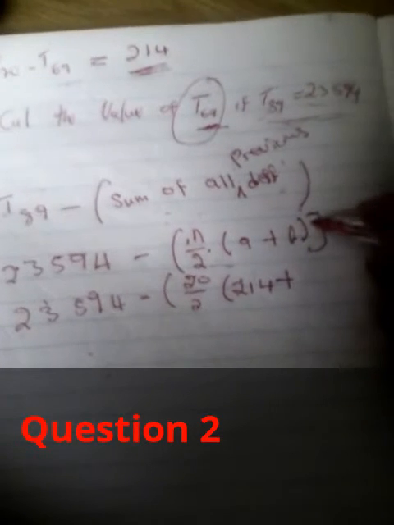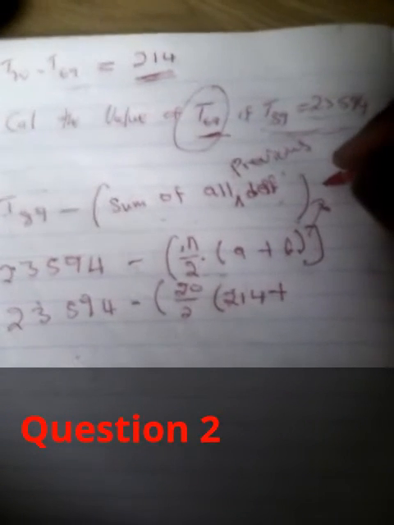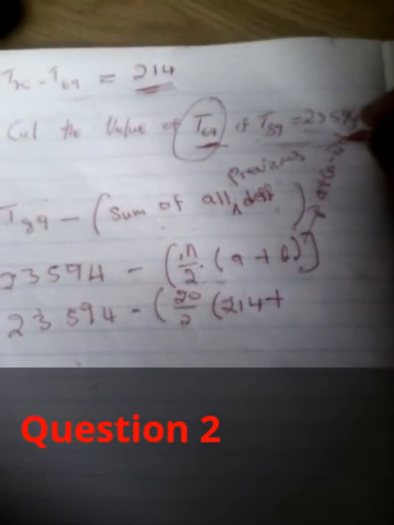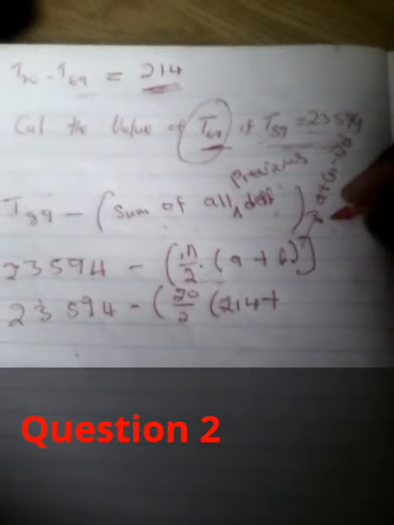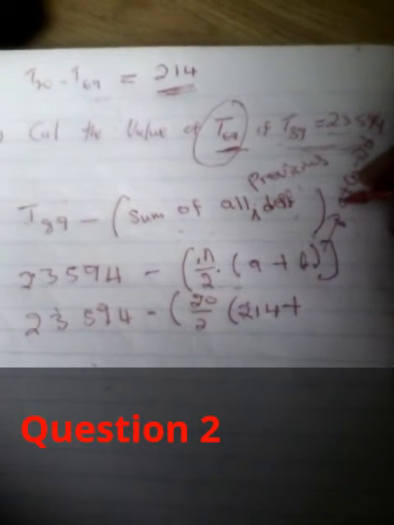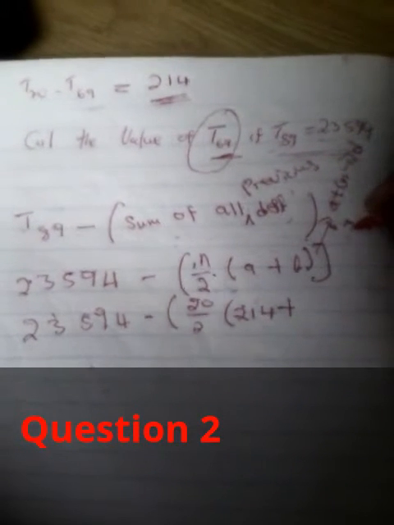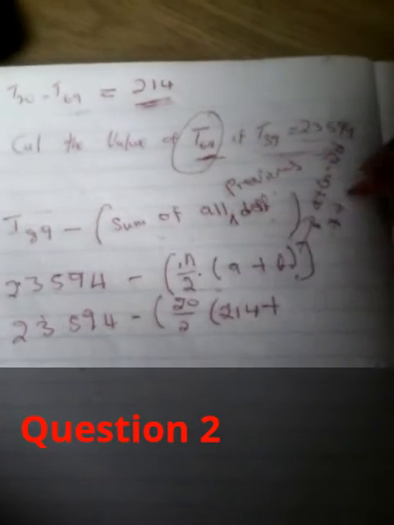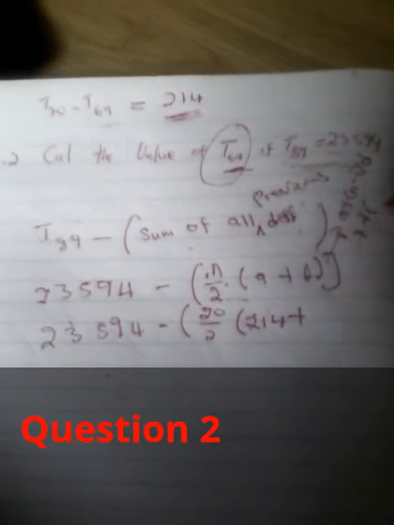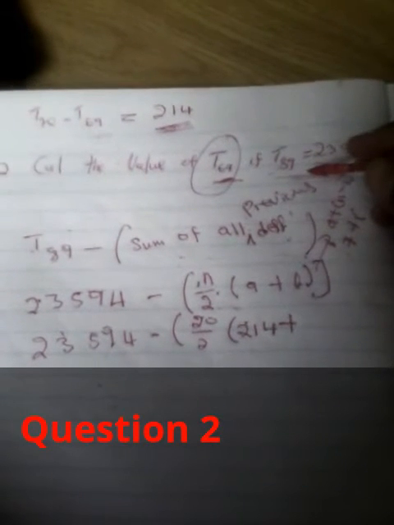Use the formula of the arithmetic progression, which is a plus n minus 1 d. We know that a, the first term, was 7, plus the number of terms up until the last term, up until 89.